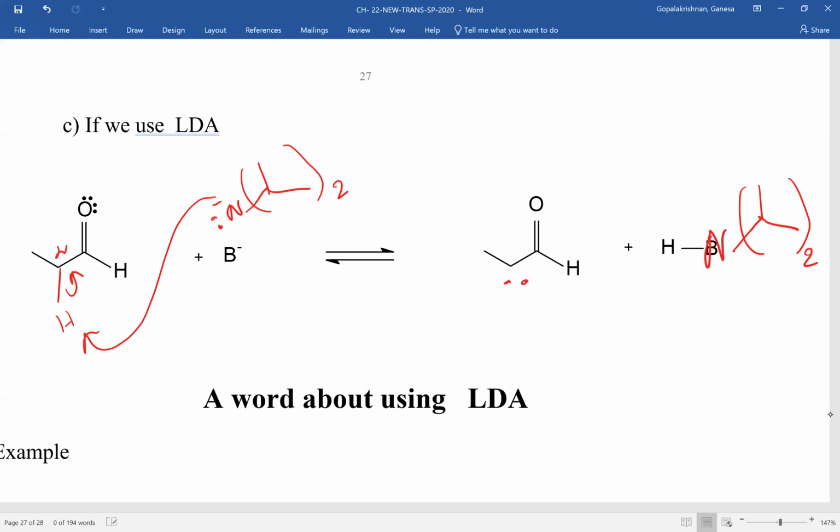This is the conjugate acid. The pKa of this is also 36. The pKa of the aldehyde is 20. So this is a weaker acid than the aldehyde, so the reaction will happen.